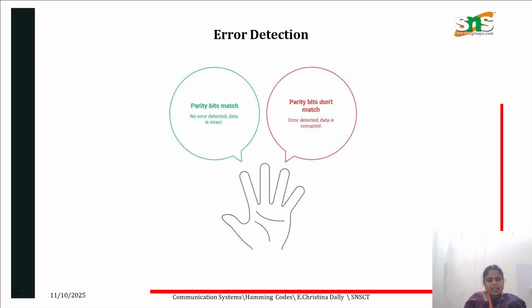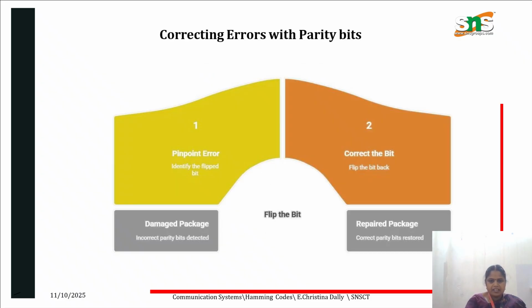Here we have the error detection techniques. Two things can happen: either the parity bits match, or the parity bits don't match. If they match, no errors are detected and the data is intact. If they don't match, the error is detected and the data will be corrected.